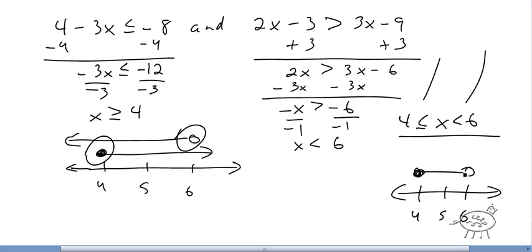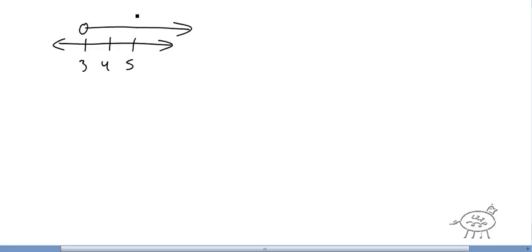Now, later on in Algebra 2, you're actually going to do problems that look like this. I'll just do one quick example. Let's just say 3, 4, 5, and let's say it looked like this. Let's say they pointed the same way. Now you remember, an AND problem means AND is where they overlap.